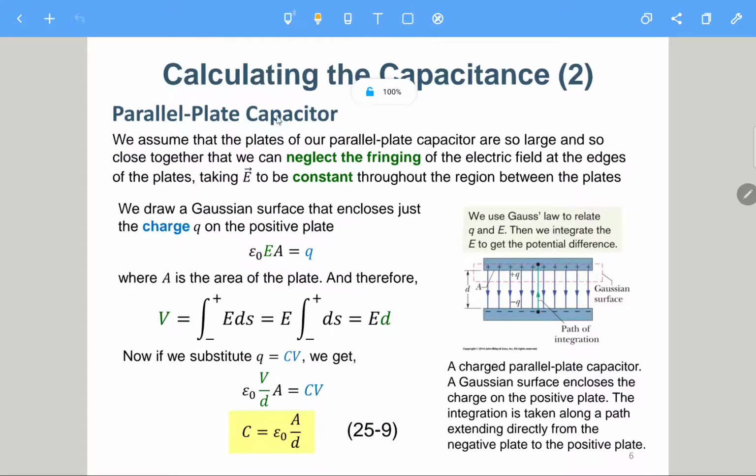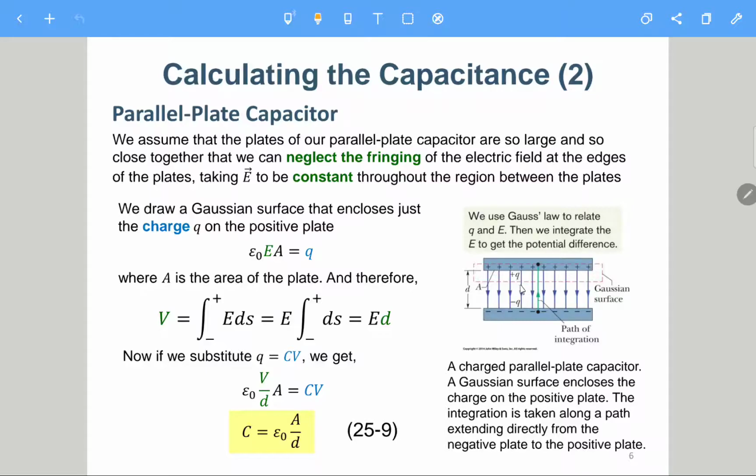So next, applying Gauss's law to this Gaussian surface, A is the surface area of the capacitor, and the E field is uniform.